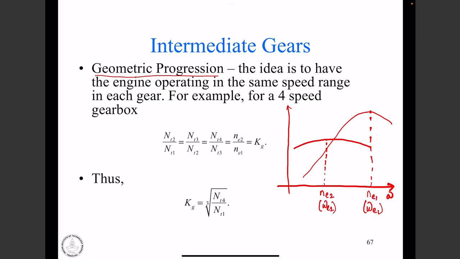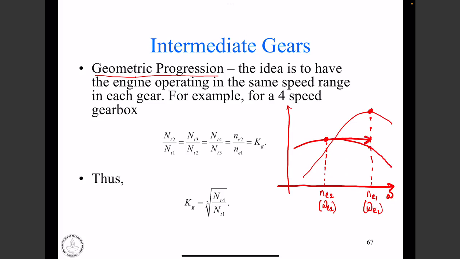Now imagine what happens. When the vehicle is starting from rest, we engage the gear somewhere here, and we go close to the high torque region, and then the speed keeps on increasing. Speed keeps increasing till this point where I reach the maximum power, beyond which the torque is going to drop very drastically and the engine will drag.